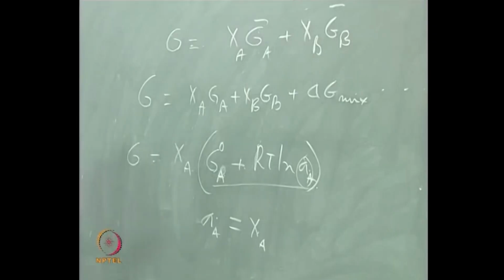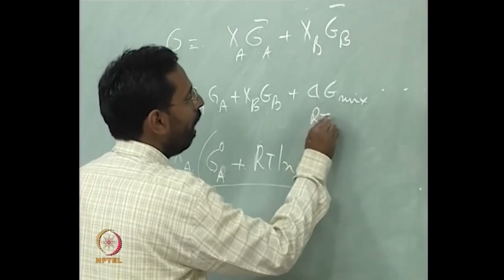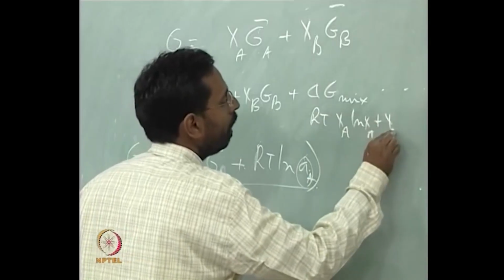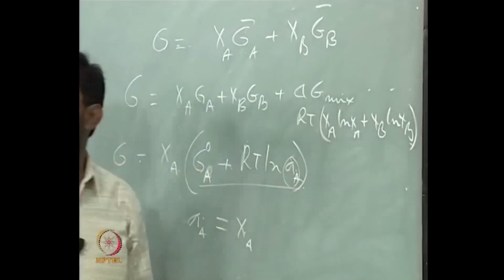am I right? And if that is the case, then in the case of delta G mixing, you will see that this turns out to be RT times XA ln XA plus XB ln XB, where delta H mixing goes to 0.